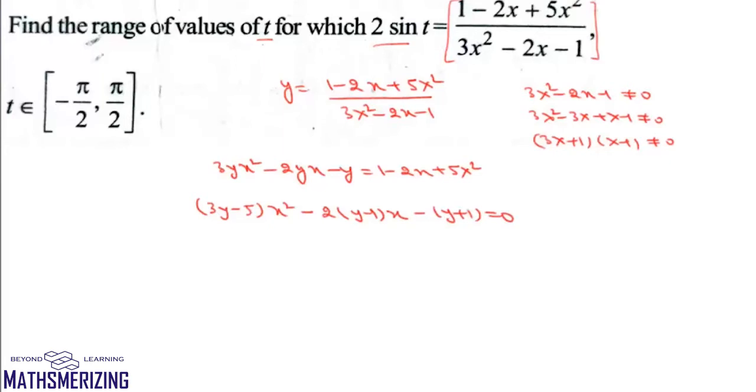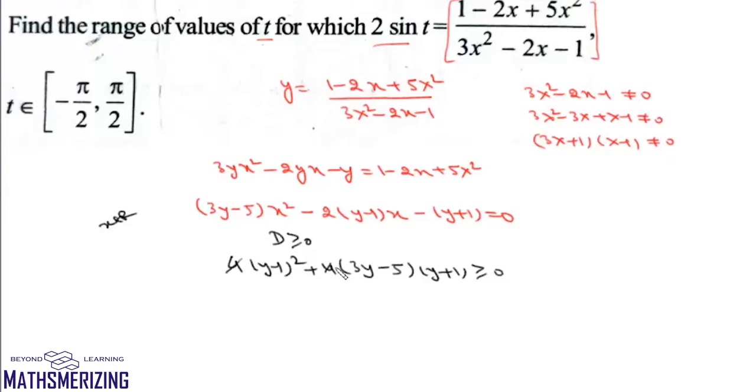Now in this expression, x is real. Since x is real, this equation should have real roots. So that means the discriminant should be greater than or equal to 0. So then we'll get 4(y minus 1) square minus 4(3y minus 5)(y plus 1) should be greater than or equal to 0.